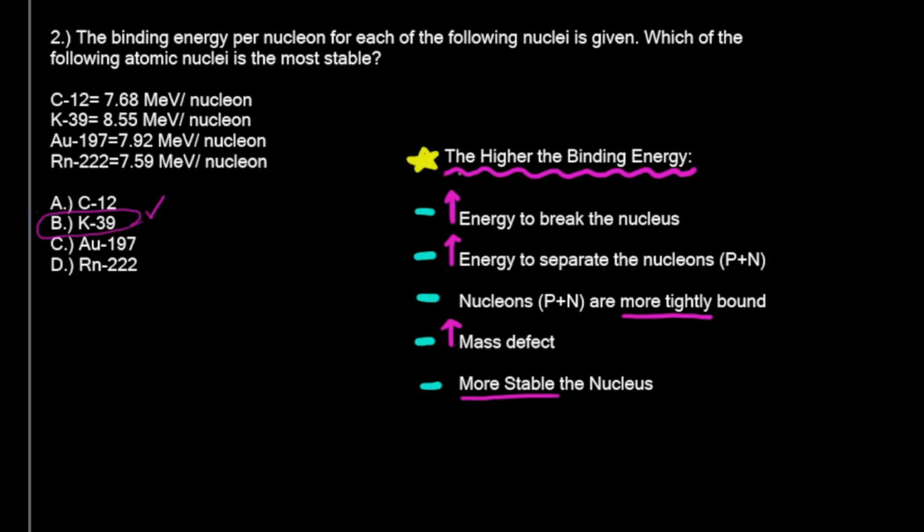So we need to look for an answer choice with a higher binding energy per nucleon. K39 has a binding energy of 8.55 mega electron volts per nucleon. So K39 is the most stable out of all the other options. So answer choice B is the correct answer.